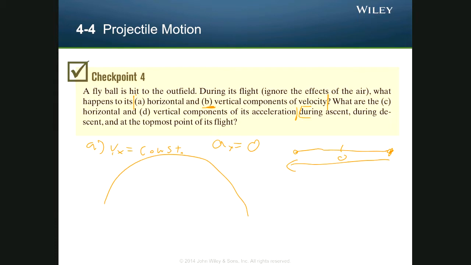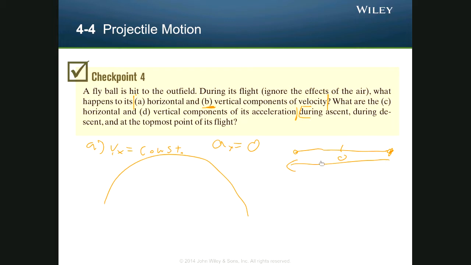But for part B here, you'll notice that you start with some velocity, and that velocity gets smaller and smaller and smaller, and then it becomes 0, right? But you'll notice we now go negative. We don't go back and accelerate and fly up into the air. So you can actually say this is decreasing or becoming more negative.